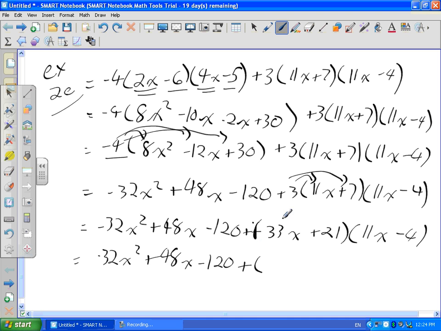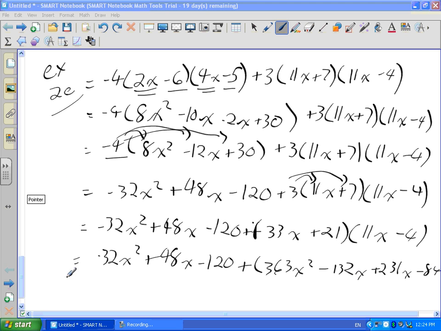When I FOIL this, 33x times 11x, 363x squared, I believe. 33 times negative 4 is negative 132x, I believe. Oh, this one's going to be 231. Yeah, very good. 231x. And what's that one going to be? Negative 484 end bracket.